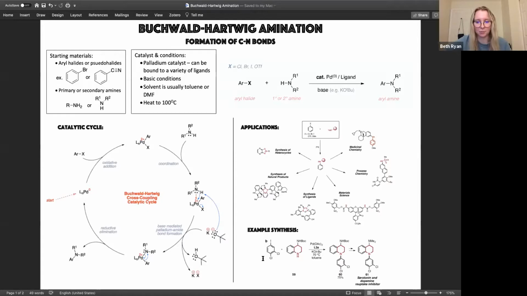And so the example synthesis I found down here is a serotonin and dopamine reuptake inhibitor, SDRI, which is also known as an antidepressant. So this is how they did that using this cross-coupling reaction. There's the iodine that ends up leaving, there's the nitrogen coupling partner, and they end up attached to each other.